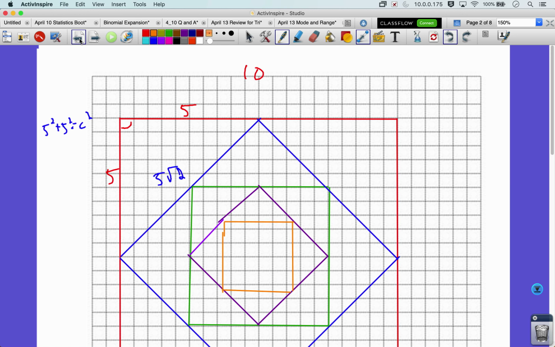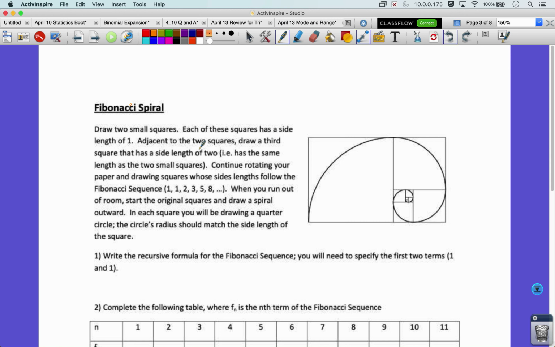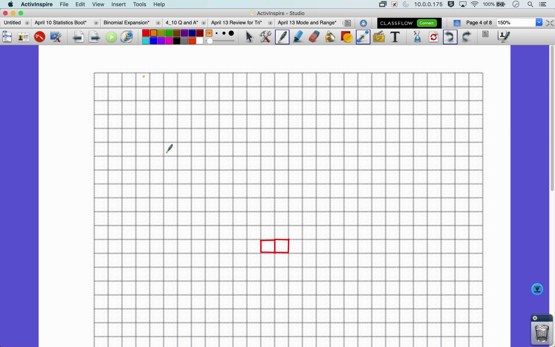Let's look at the Fibonacci spiral. So for this one, we start with 2 small boxes, and those are stuck together. So now this becomes one side of a square that's attached. Now together, this has a side length of 3. So if I want to make that into a square, I got to get 3 off. Now if I want to add another square, I got to look at how long this side is.